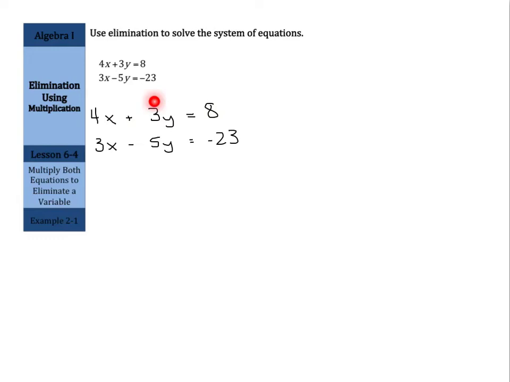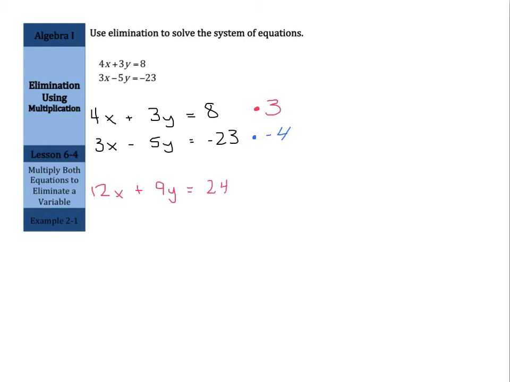Well, let's multiply the top by 3, and if I multiply the bottom equation by -4, that gives me 12x plus 9y equals 24 if I multiply each term by 3.